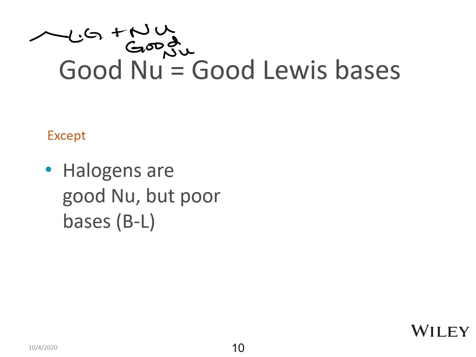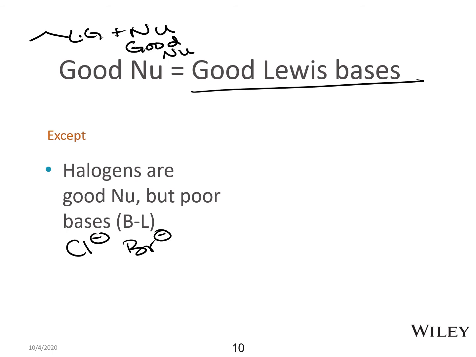So good nucleophiles are oftentimes very good Lewis bases. One exception to the word base when we talk about nucleophiles is that there are certain Bronsted-Lowry bases that are not really bases. Halogens, like chloride and bromide, are such poor Bronsted-Lowry bases in terms of picking back up hydrogens, but just because of electron density, they make pretty good Lewis bases.